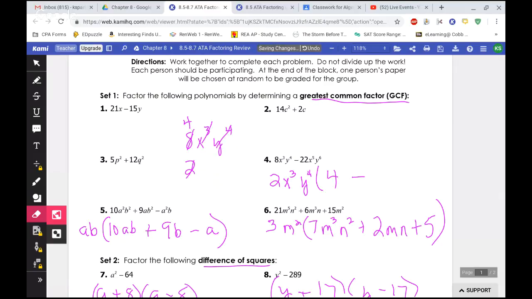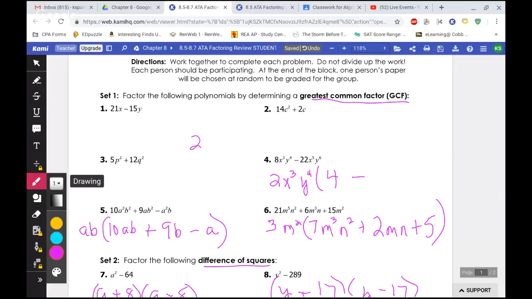So now let's take a look at this second term. 22 divided by 2 is 11.